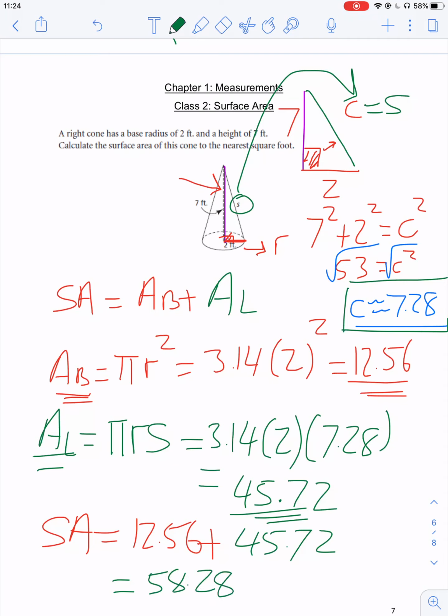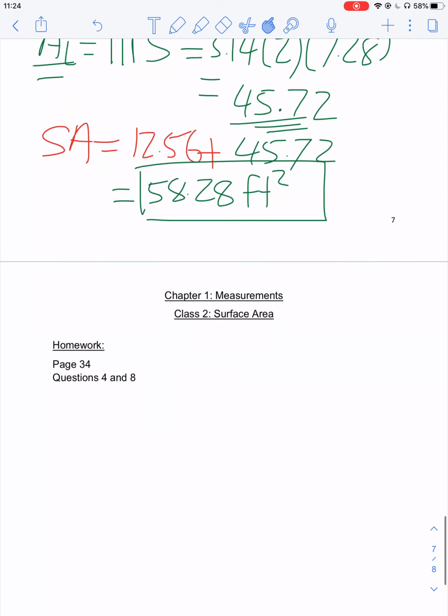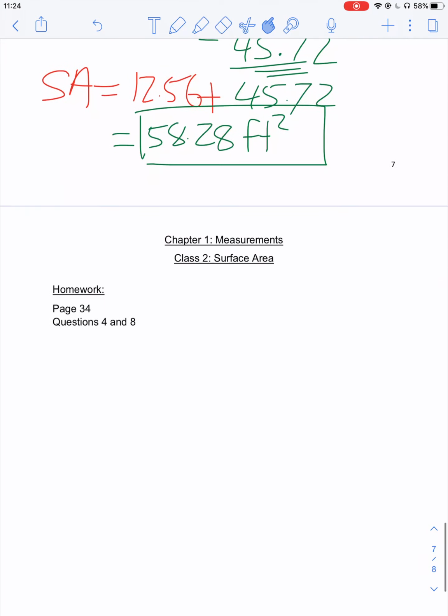Because everything was in feet, it has to be feet squared. So make sure you are putting your units in your final answer. And that is it, guys. This covers everything that you need to know for surface area.